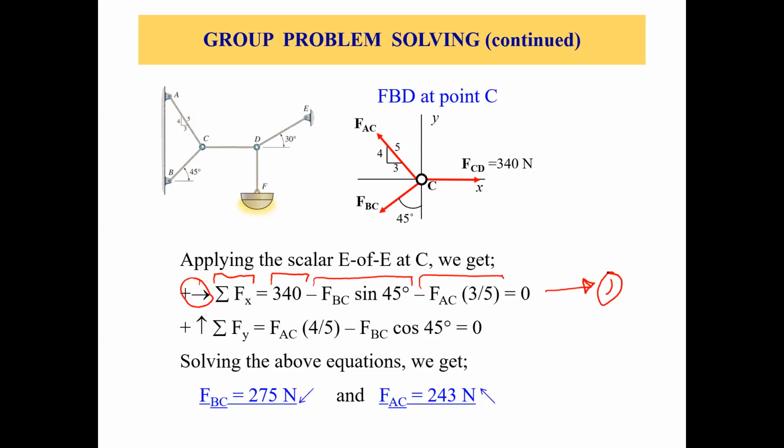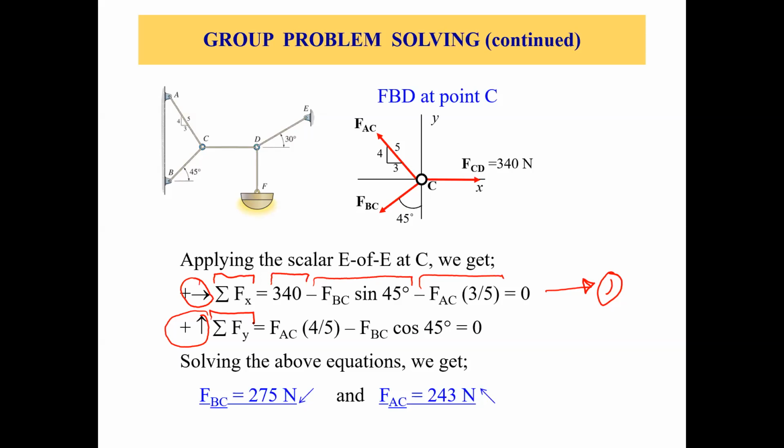Then sigma Fy equals 0, upward positive. Now we will do the summation of forces in the y direction. Let's come back to the free body diagram and see how many forces there are in the y direction.